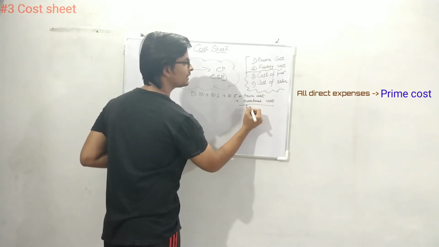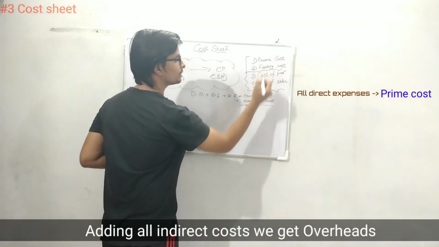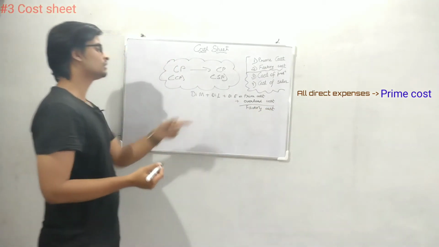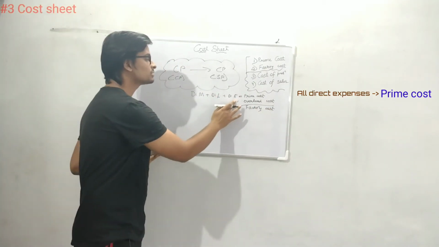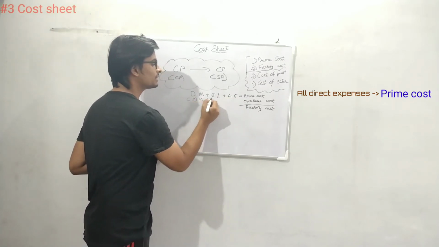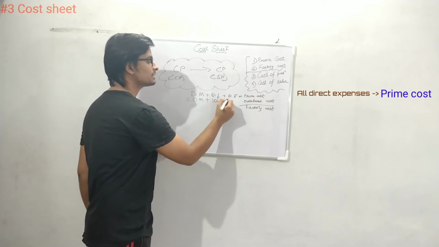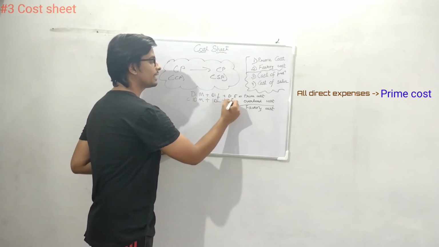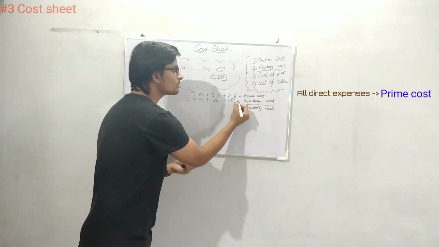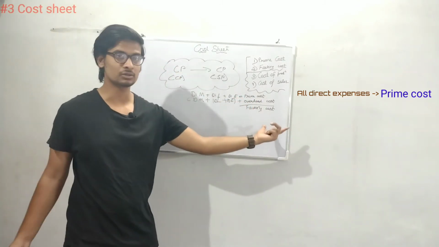I have written it in sequence. So factory cost is prime cost plus overhead cost.